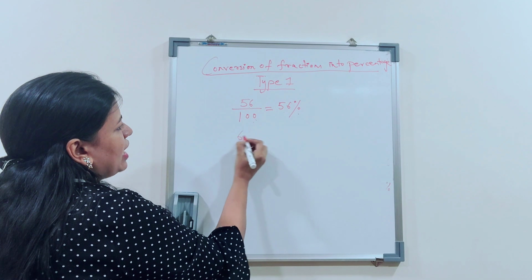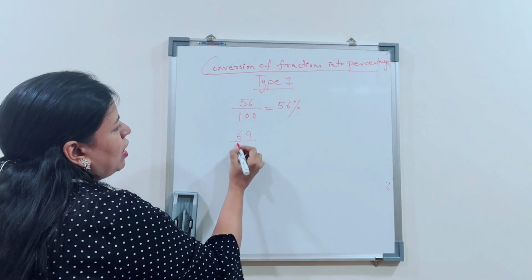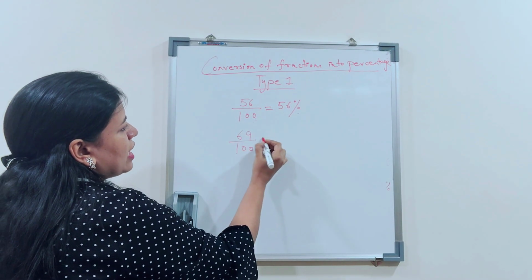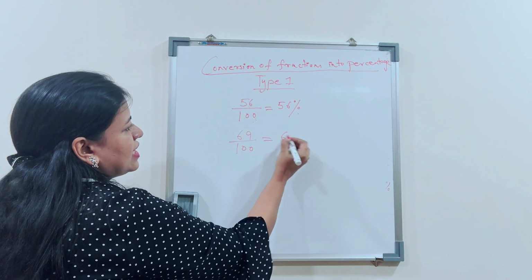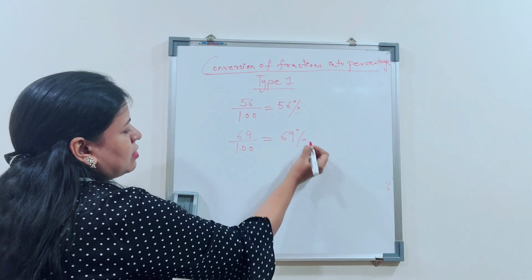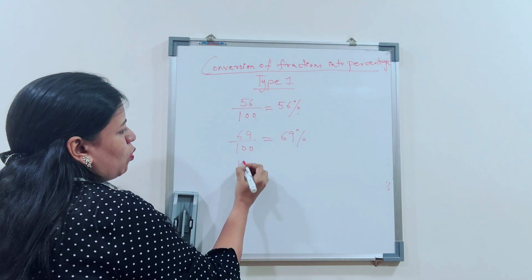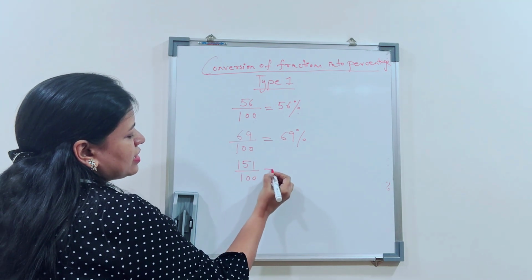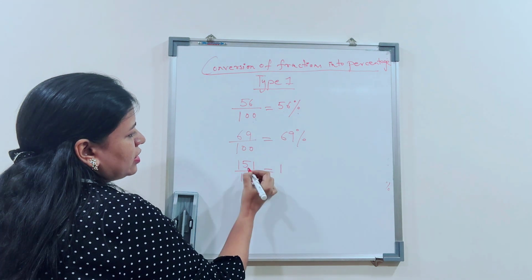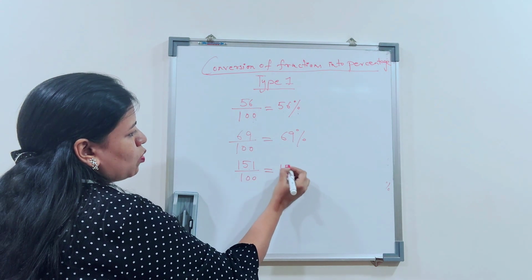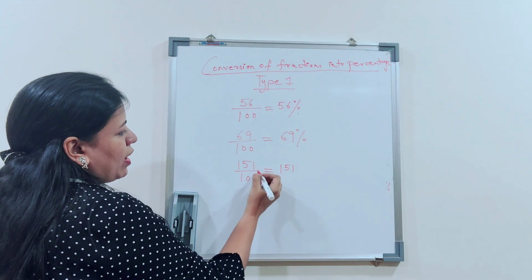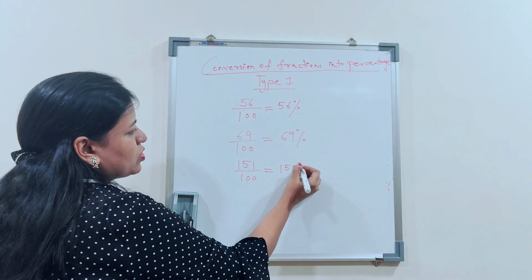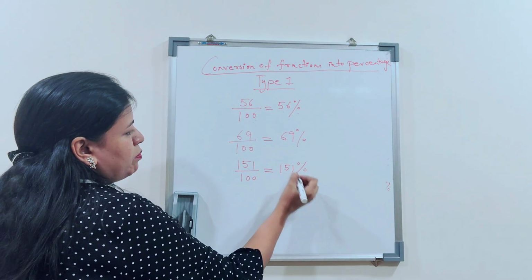Likewise, if we have 69 out of 100, it will be equal to what? 69%. Similarly, 151 out of 100 is equal to, we write the top number as it is, 151, and divided by 100 is replaced with percentage symbol.